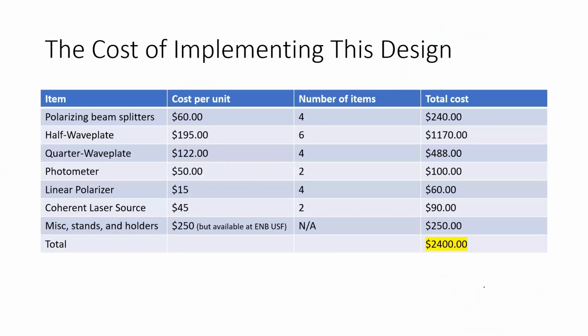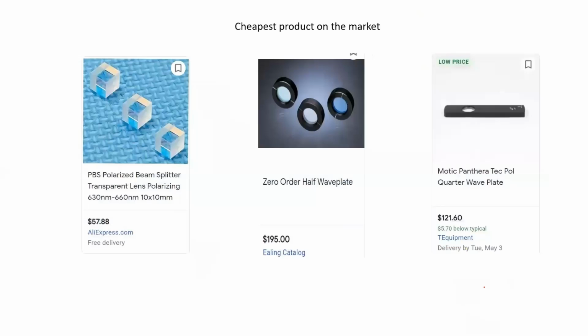The last thing, after we discuss all of these gates that we need, we will talk about the cost to implement this. So I went online and saw what are the cheapest products. For every one of them, there is a different range of items you can purchase, and the cheapest one for the polarizing beam splitter was 57.